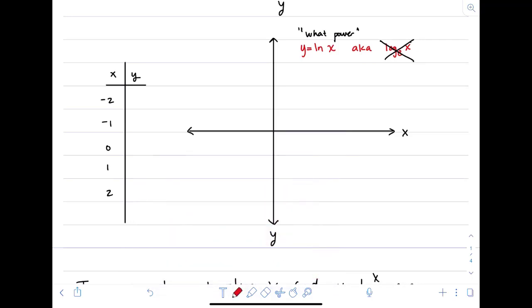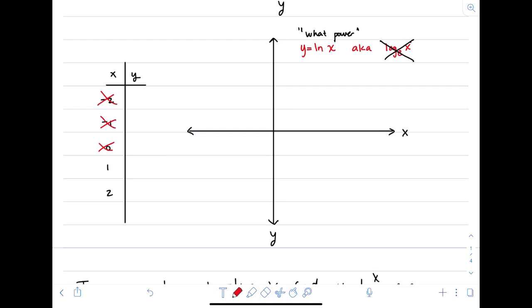Why won't the negatives work? When I plug in a negative and ask what power of our base e that is, how are you going to raise a positive number to some power that's going to give you a negative? So the negatives are for sure canceled. Same thing for 0. How are you going to raise e to a power and produce the number 0? Because you're always multiplying 2.7 roughly by itself, so that just doesn't make sense.